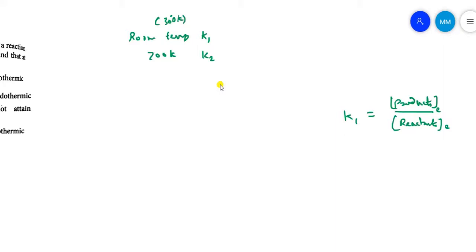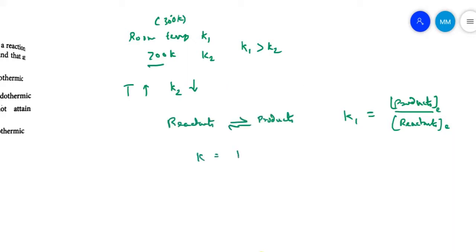Here the temperature is raised, and the K2 value decreases because the condition is given K1 is greater than K2. As temperature increased, K2 decreased. K is equal to the concentration of the product divided by the concentration of the reactants.